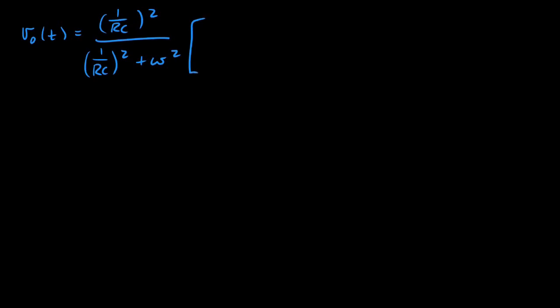So we can collect our terms in a little bit more convenient fashion, and we're going to get the output voltage V out of t equals 1 over RC quantity squared divided by 1 over RC squared again plus omega squared onto cosine omega t plus omega RC sine omega t, and then minus e to the minus t over RC volts.